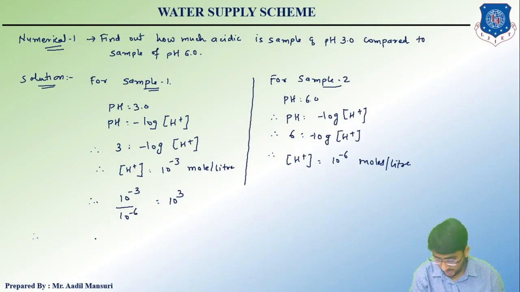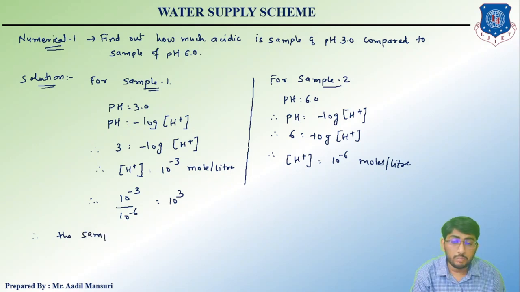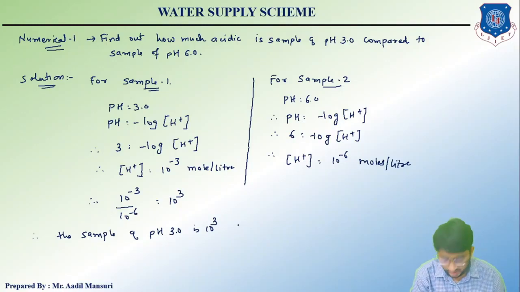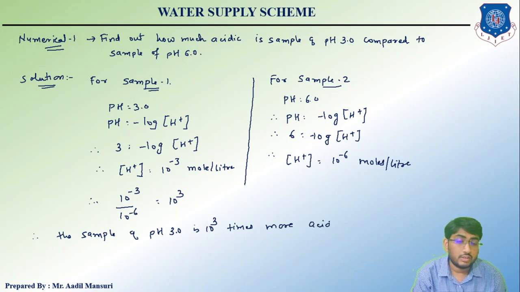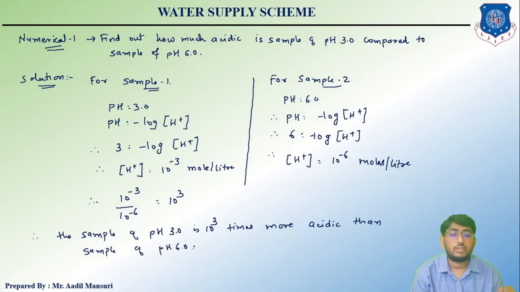So we can say that the sample of pH 3 is 10 to the power 3 times more acidic than the sample of pH 6.0.